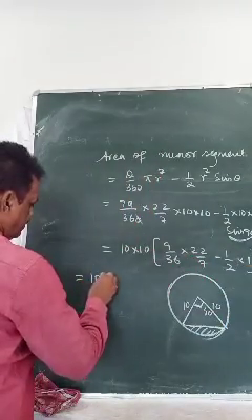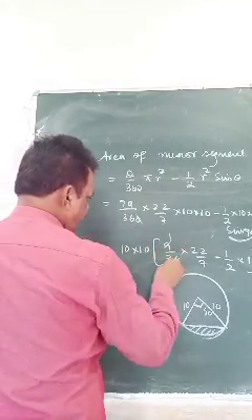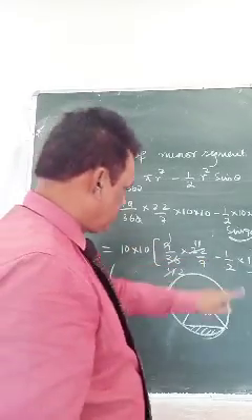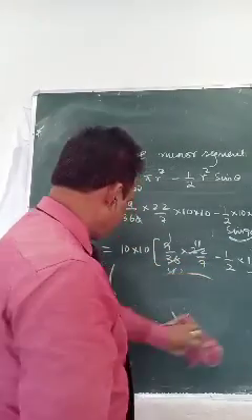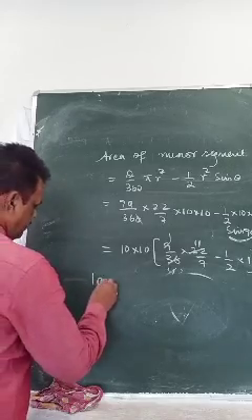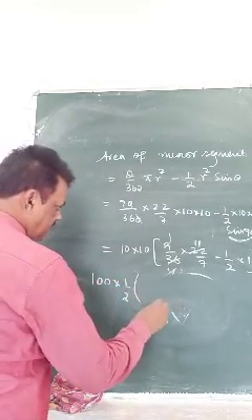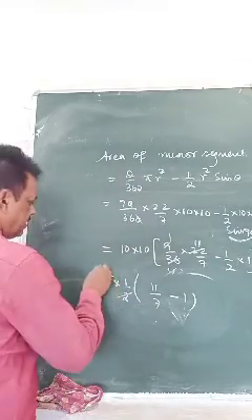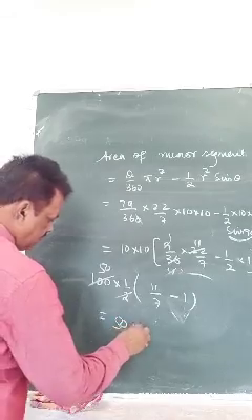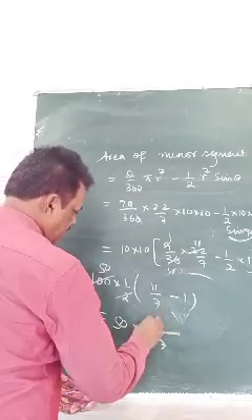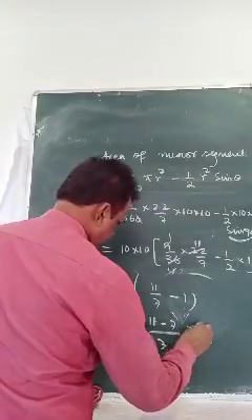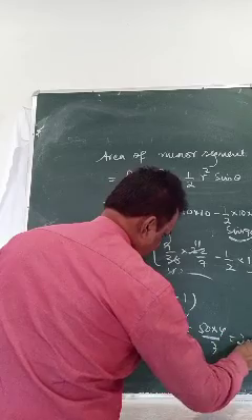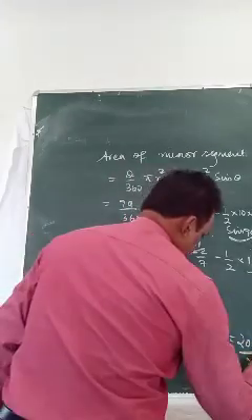Take out 1 by 2. 100, 1 by 2 taken out. 11 by 7 minus 1. This is easy to calculate. 50, 7 LCM, 11 minus 7. 50 into 4 by 7. 200 by 7 centimeter square.